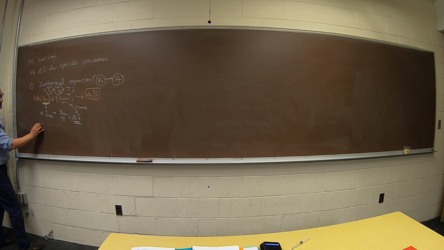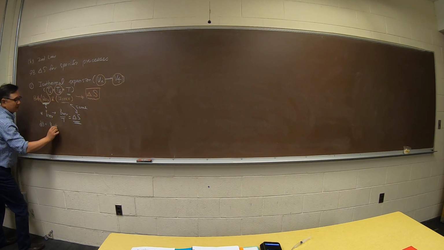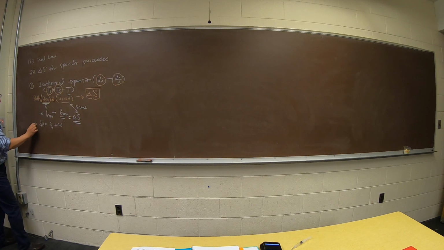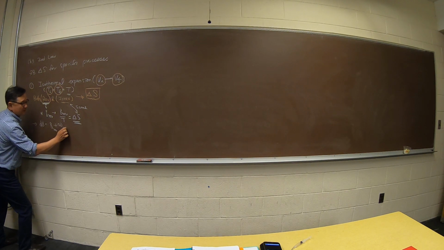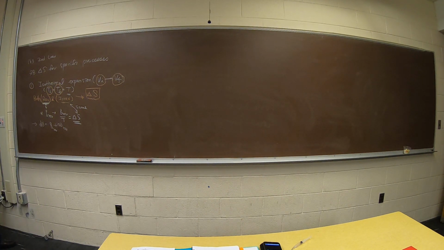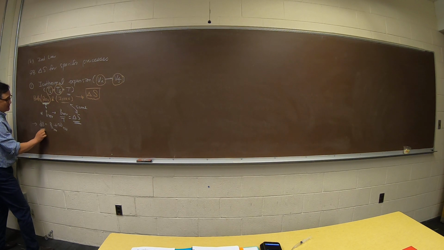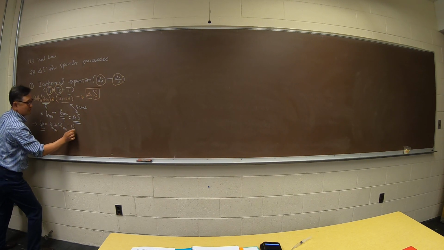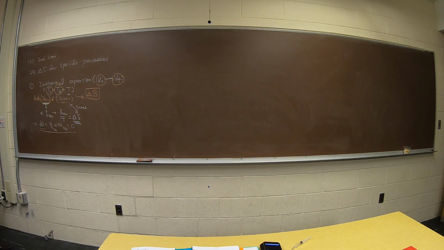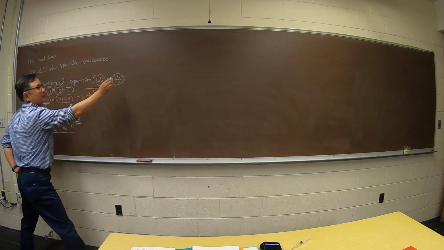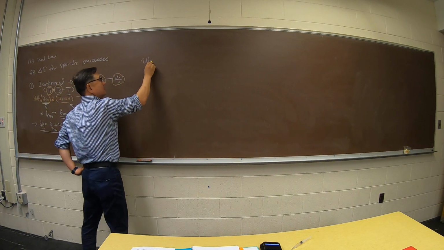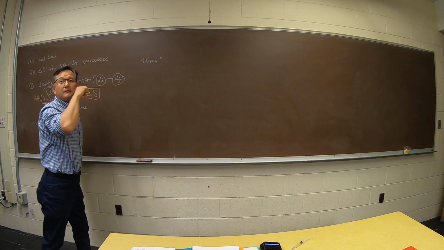So this is the last time I'm doing the same thing. Think about it: dU is q plus w, and I'm just going to take advantage of the reversible process, and because it's isothermal, dU is 0, ideal case. So from here, for isothermal expansion, you guys remember the reversible work?